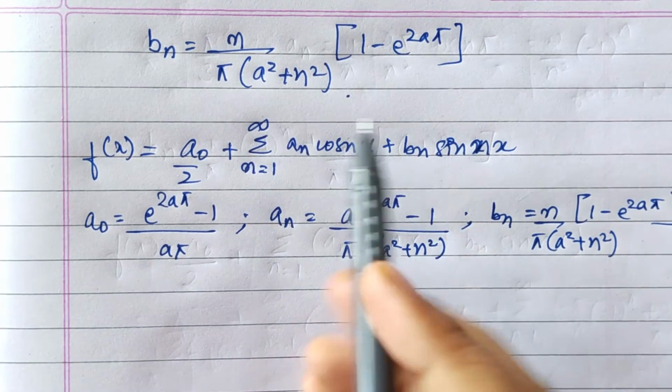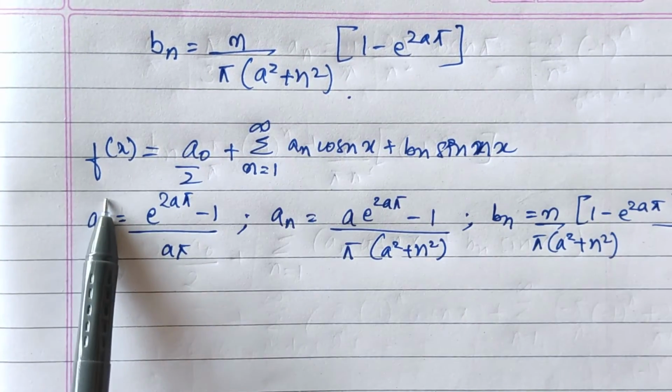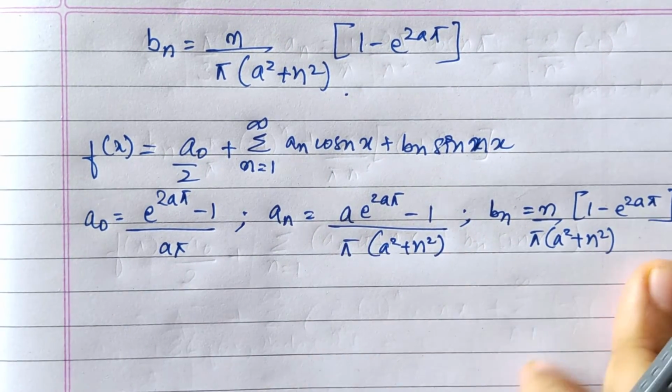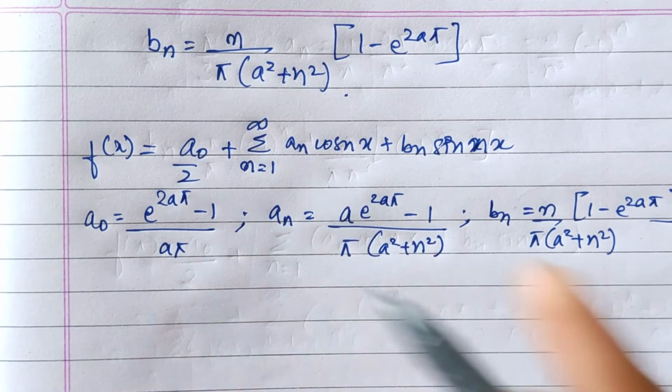Following which now we again take the Fourier series expression and we substitute all the values that we have found till now in this equation, and that's all.